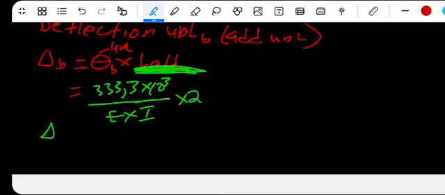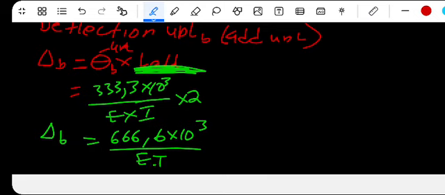So there we'll have this equal to 6 times 10 to the power of 3 divided by EI. So we have this deflection at B.